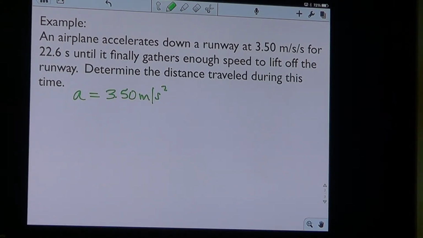Okay, what else do we know? Time, which is 22.6. And what are we trying to find? The distance.